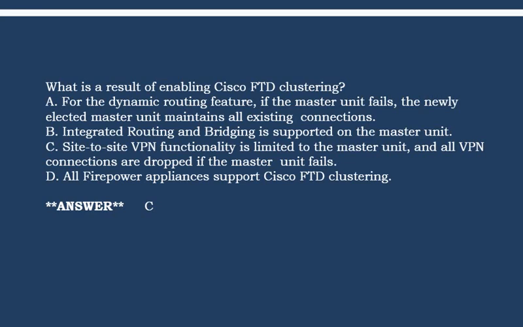Option C, site-to-site VPN functionality is limited to the master unit, and all VPN connections are dropped if the master unit fails. Option D, all Firepower appliances support Cisco FTD clustering. Correct answer is option C.